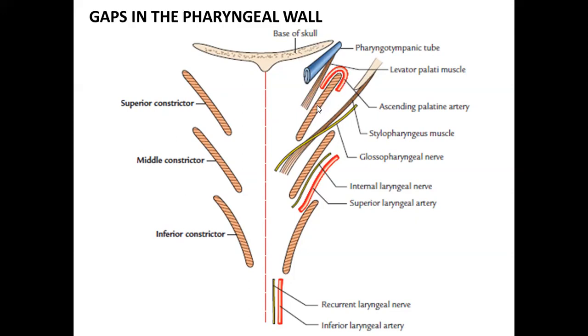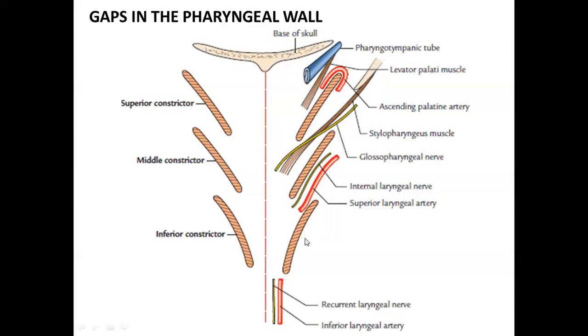Then we have another gap between the superior constrictor and the middle constrictor. What passes through it? We have the stylopharyngeus muscle, and the nerve that supplies the stylopharyngeus muscle, the glossopharyngeal nerve. Then between the middle constrictor and the inferior constrictor, we have another gap, which gives passage to the internal laryngeal nerve and the superior laryngeal artery.